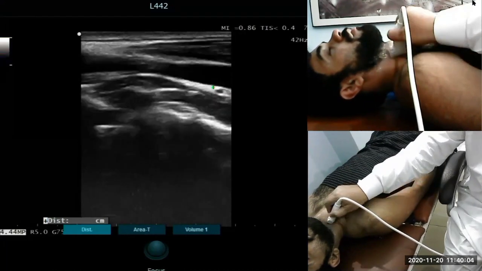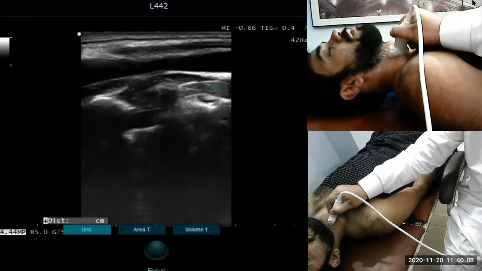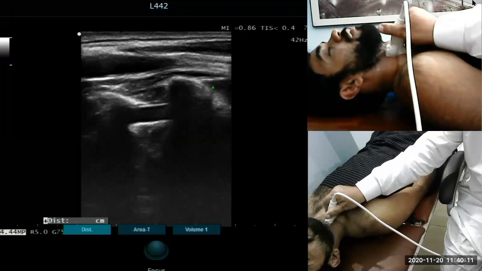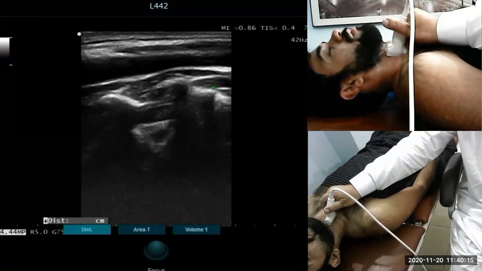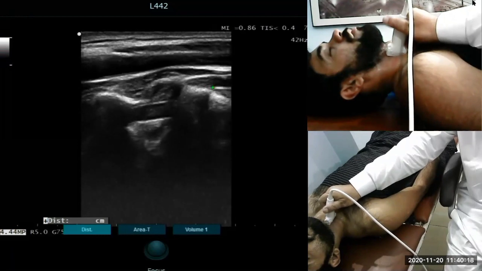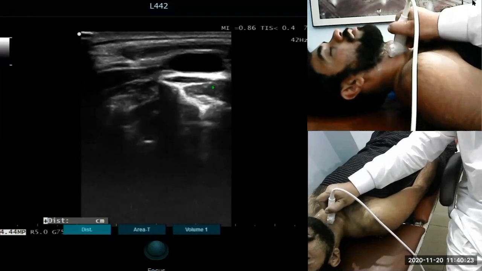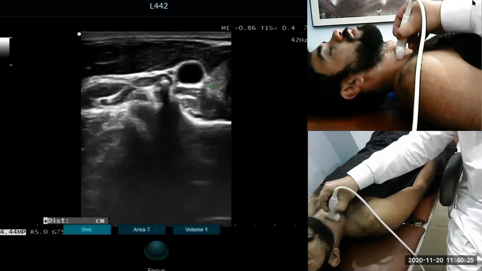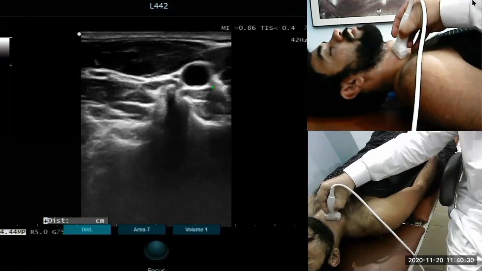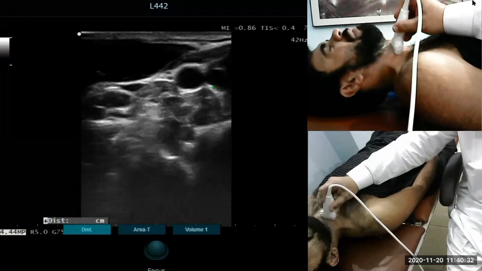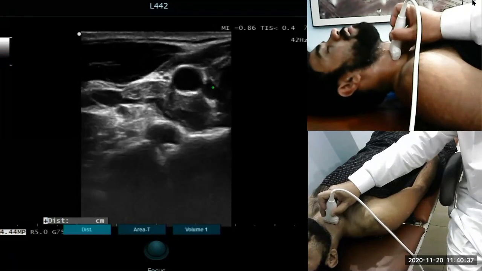This vertebral artery, if in a thick-necked individual, is difficult to see in this longitudinal section which I have shown to you, then it is always good to place the probe in cross section like this. And you will see like this.